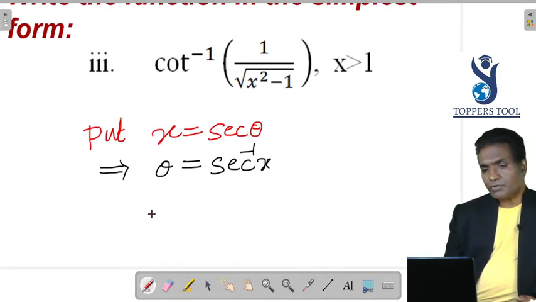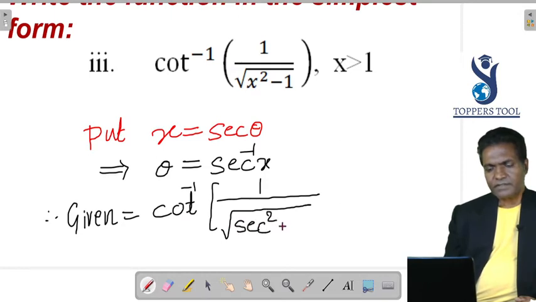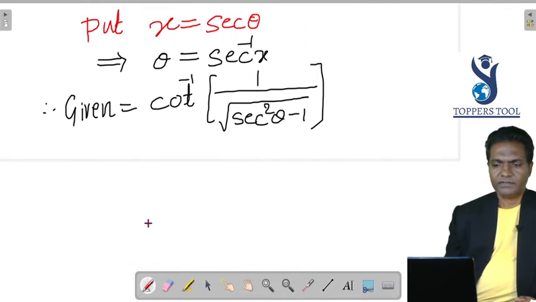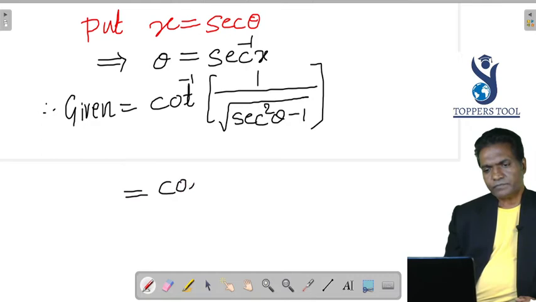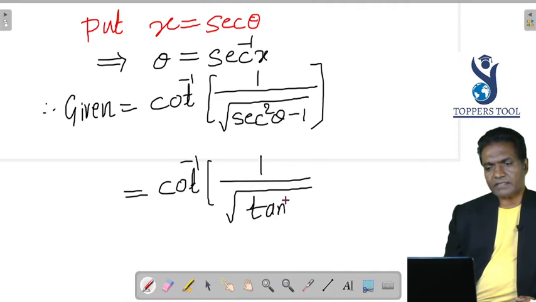So before substitution you must know why you are substituting. Therefore given becomes cot inverse of 1 by under root secant square theta minus 1, which is equals to cot inverse of 1 by under root, as earlier, secant square theta minus 1 means it is tan square theta.